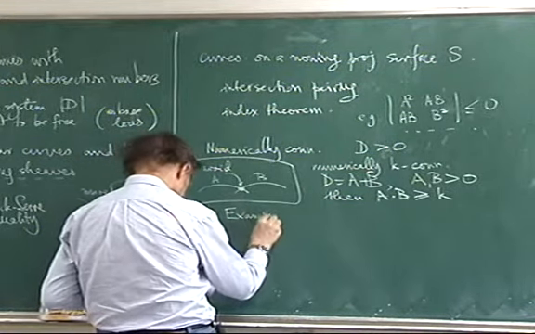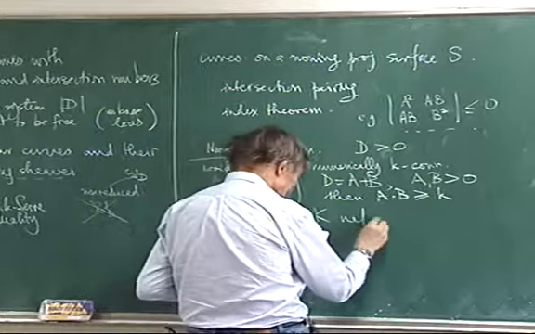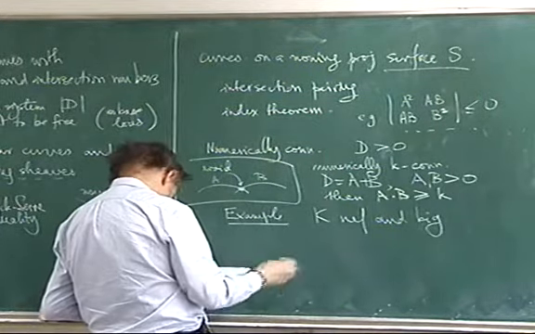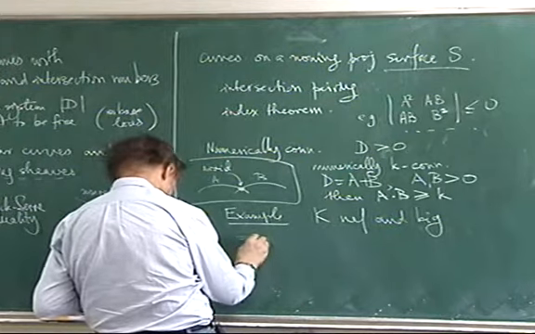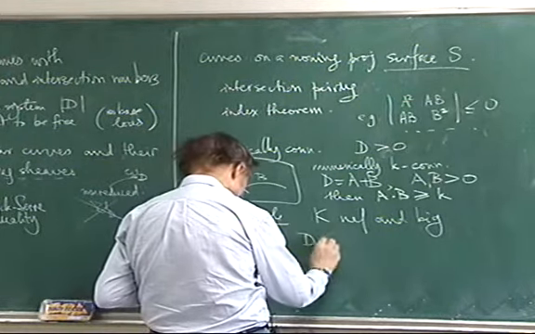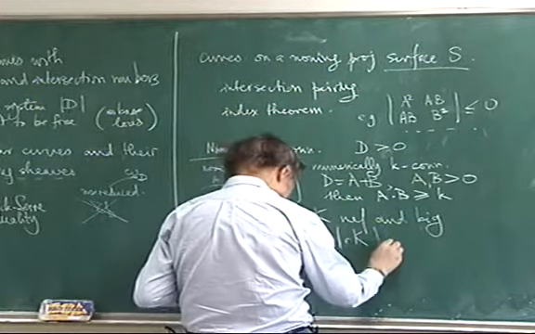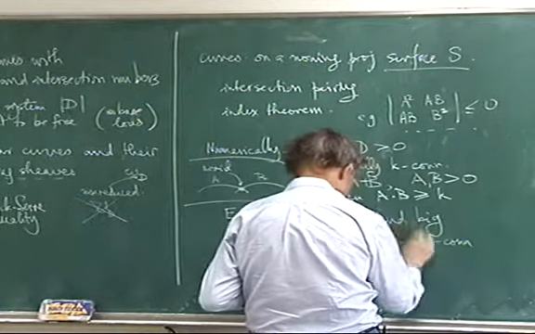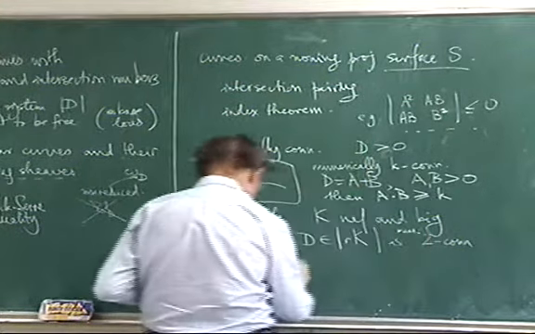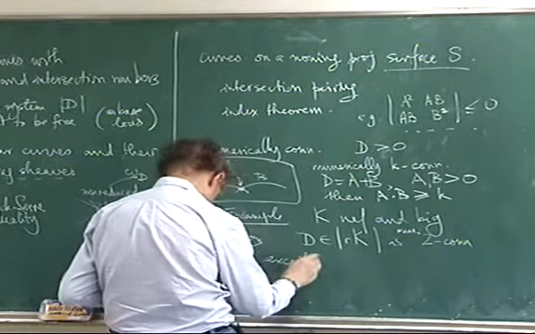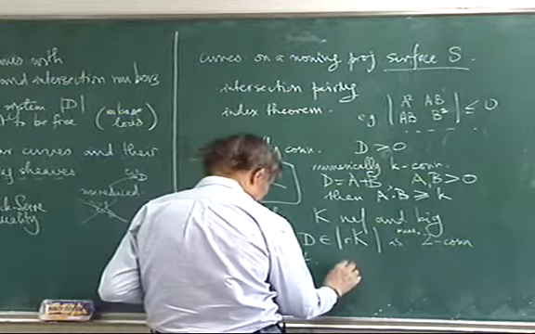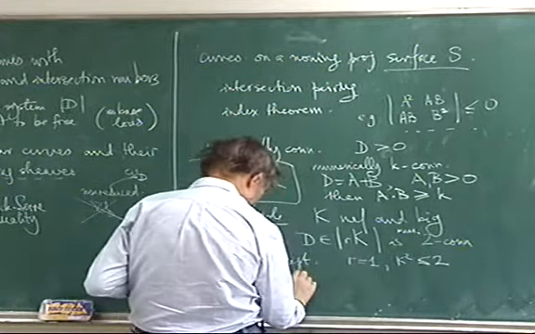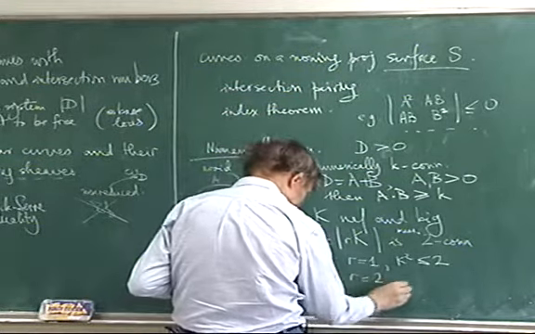Example: if K is nef and big, for a surface of general type, then D in |rK| is numerically 2-connected, except for R equals 1 and K squared less than or equal to 2, or R equals 2 and K squared equals 1.